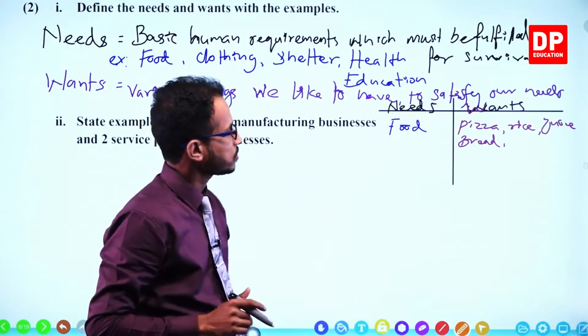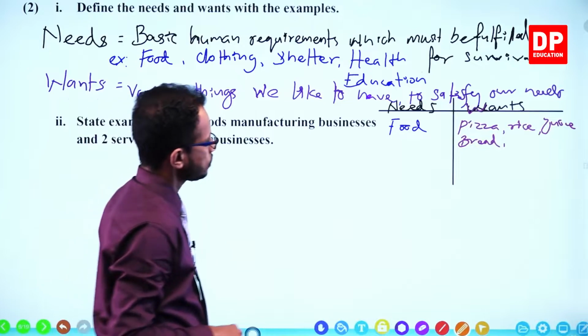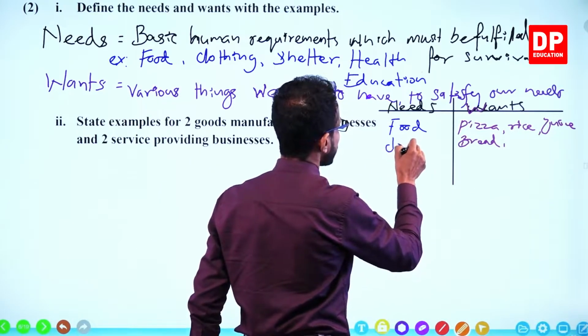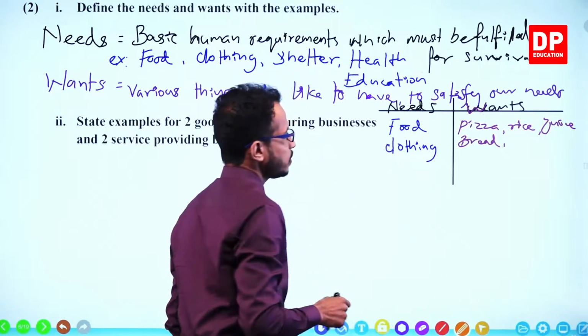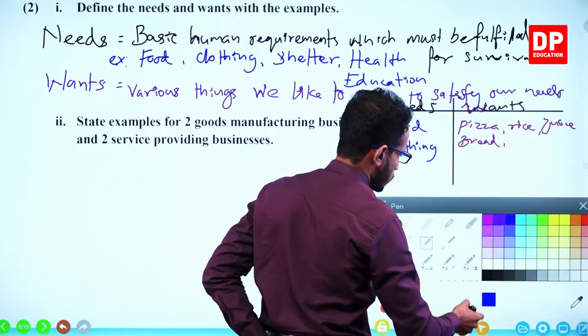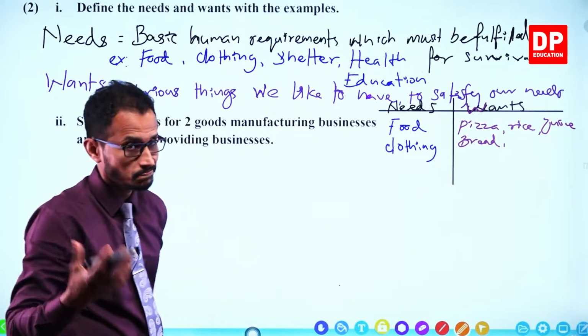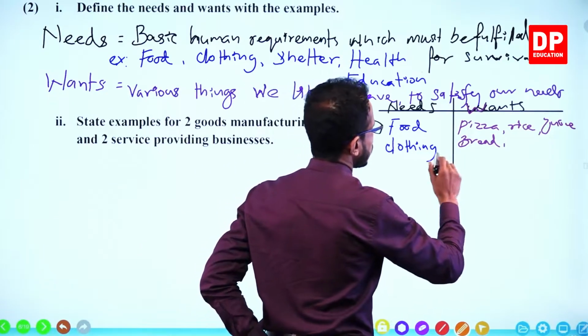Okay, wants. Then for clothing, the next need, you write the clothing options that you want.